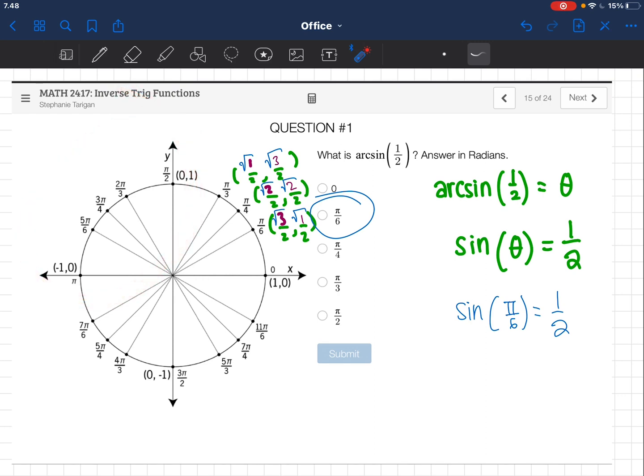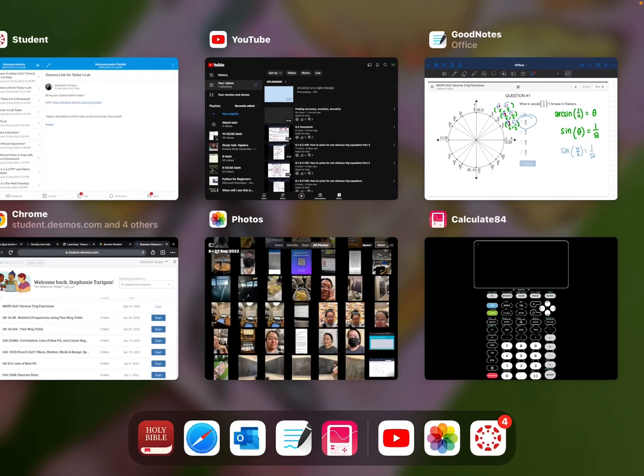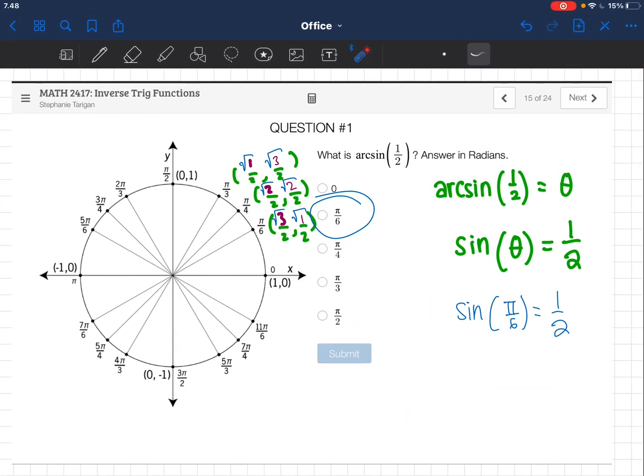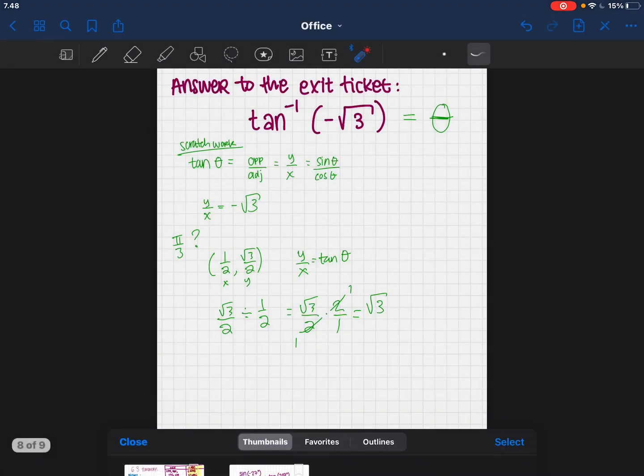What quadrant would give me either x negative or y negative? So quadrant 2 and quadrant 4. Okay, so pi over 3, so that's 2 pi over 3 or 5 pi over 3.